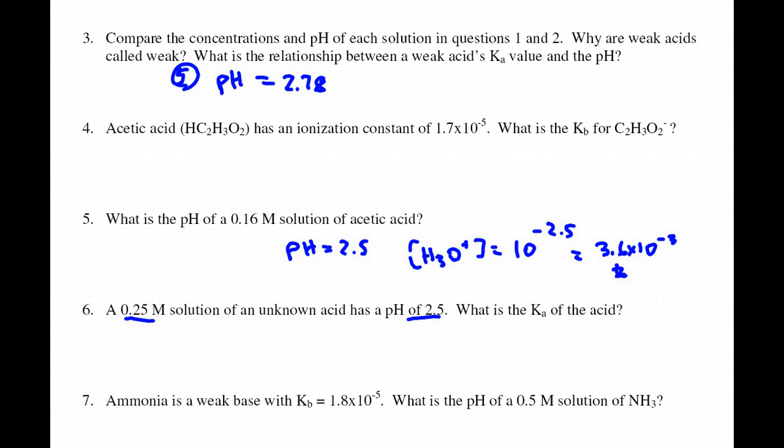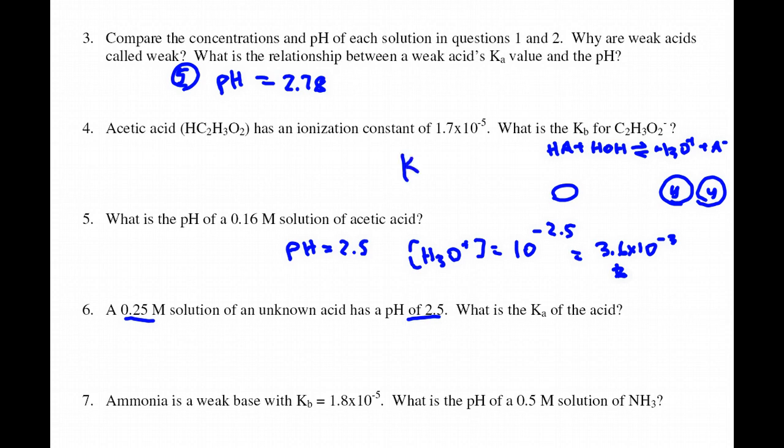From that, we can figure out the rest. On the generic ICE chart, HA plus HOH gives you H3O plus and A minus. At the end, we found that this was Y and Y. Whatever the concentration of H3O plus was, that was also the concentration of A minus. So if we find the concentration of H3O plus, we've found the concentration of A minus.